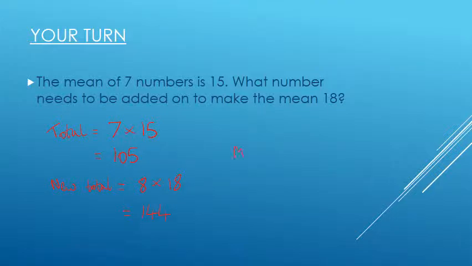So our missing number, the one that we've added in, is going to be equal to 144 take away 105. And for this, you should get an answer of 39.